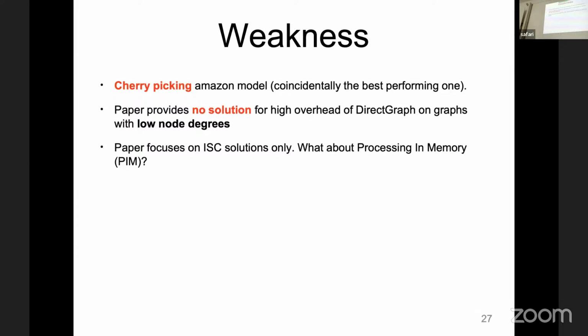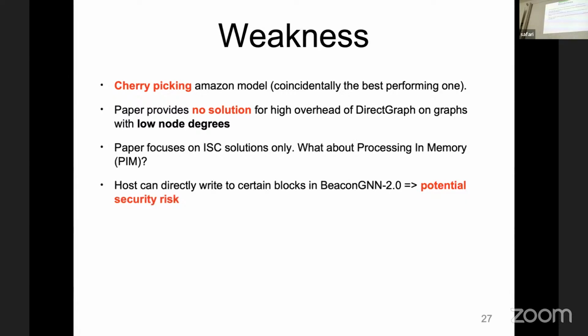They don't go that much into detail for processing in memory. Due to the implementation of direct graph, the SSD needs to allow the host to write to certain blocks directly to build up the graph itself, and that's a potential security risk because someone could technically just overwrite the same flash chip over and over and over again to basically either destroy the hardware or do other malicious stuff.